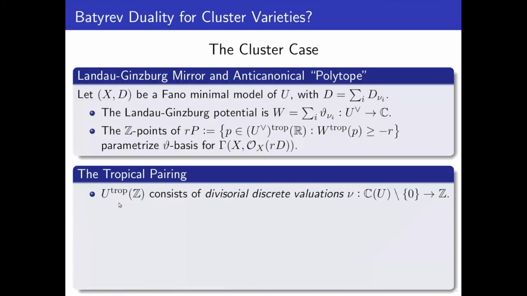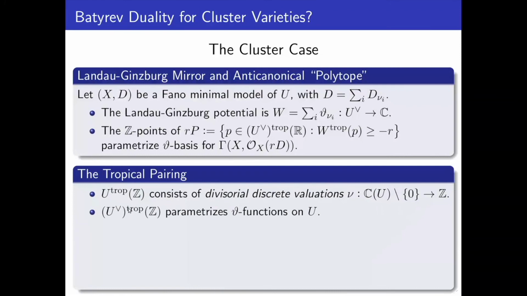By definition, the points of U^trop(Z) are divisorial discrete valuations. These are discrete valuations on the field of rational functions of U, given by order of vanishing along some divisor.